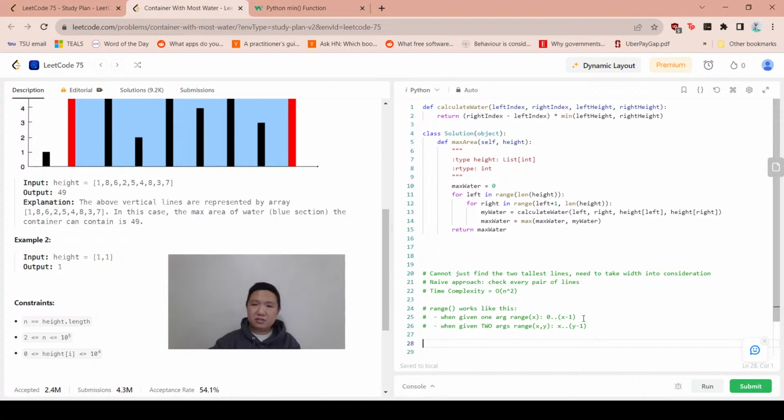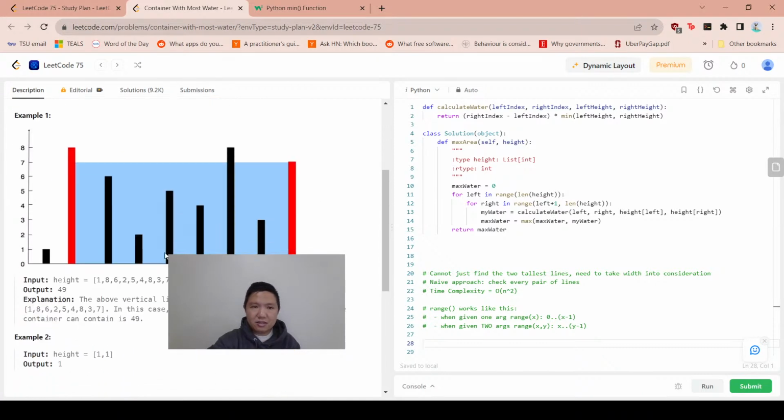So if you think about it, let's say I am this line right here. I want to find a line that is as far away from me as possible and as tall as possible.